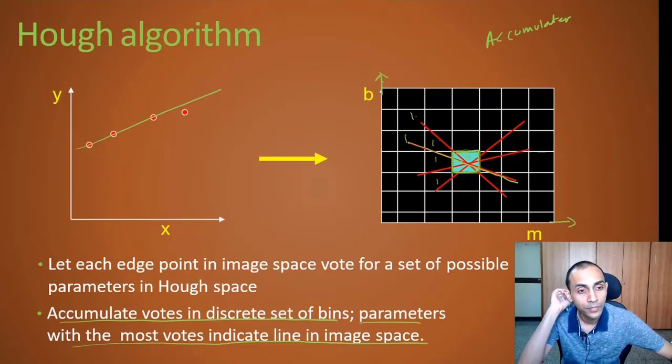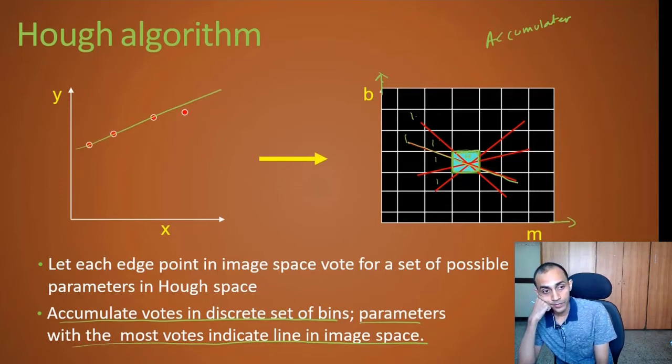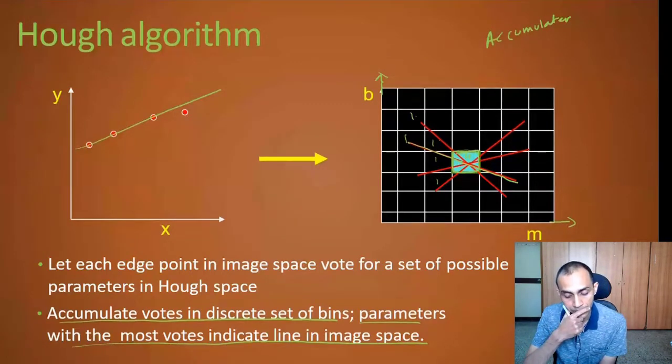So as compared to the earlier slide, what we are doing over here is, say for instance, we have 4 points in the image space. For each of the points in the image space, we try to draw a line in the Hough space so that the equation you mentioned for the Hough space becomes satisfied. We vary b and m over discrete values, and there will be one specific b and m for each point which satisfies the line equation in the Hough space.